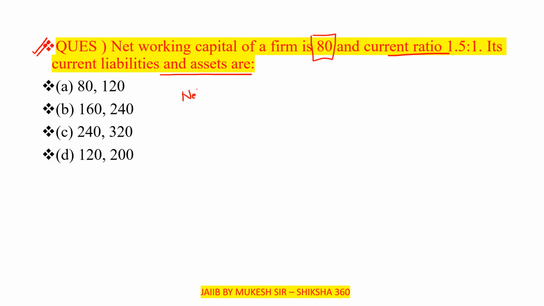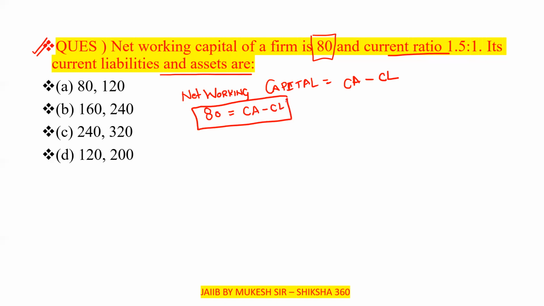So net working capital is current assets minus current liabilities. 80 is equal to current asset minus current liability. Please remember this is one of the equations. Current ratio is equal to current asset upon current liability, that is 1.5/1.